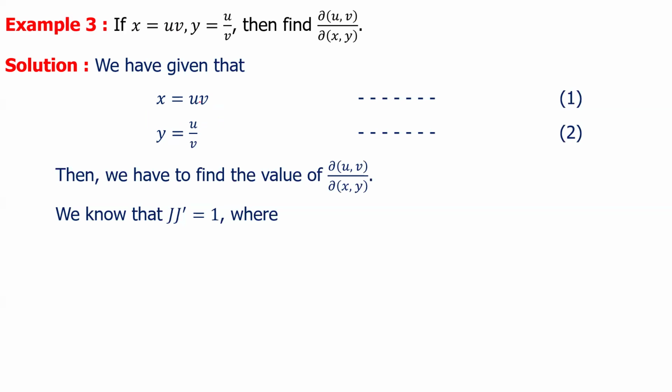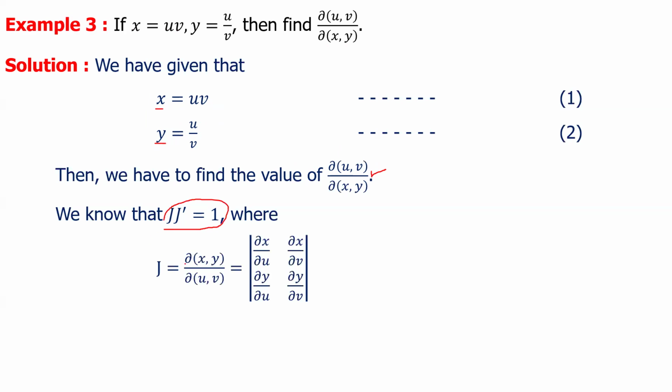Either we can write u and v in terms of x and y, and then find the Jacobian of uv with respect to xy, or we can apply the formula J dash times J is equal to 1, where J is equal to the Jacobian of xy with respect to uv. If we know the value of J, then we transpose it to this side, and we are able to get the value of the Jacobian of uv with respect to xy.